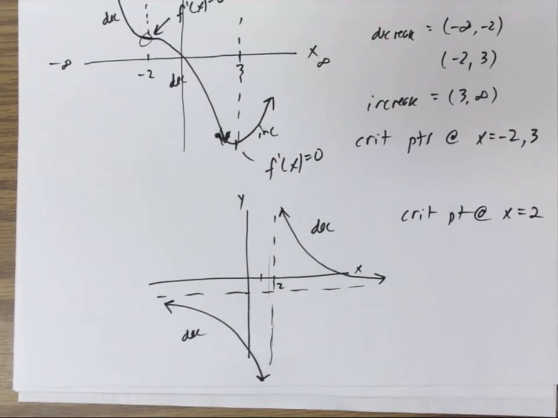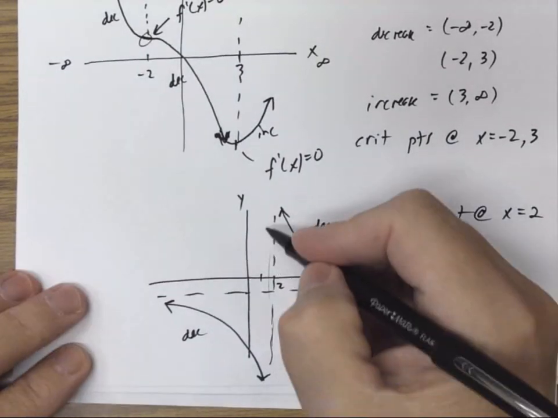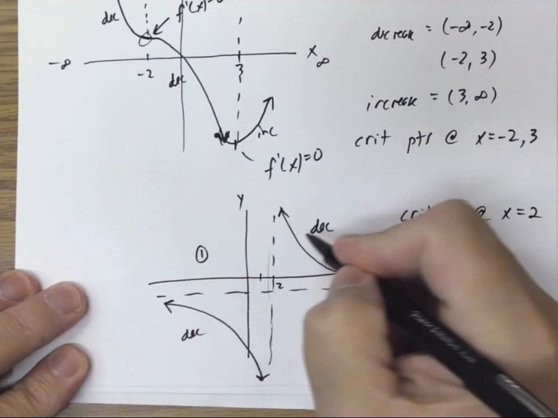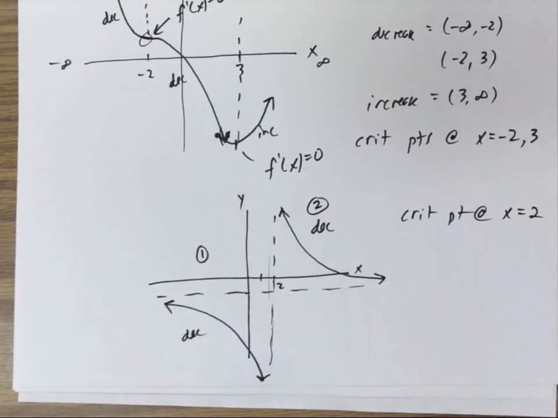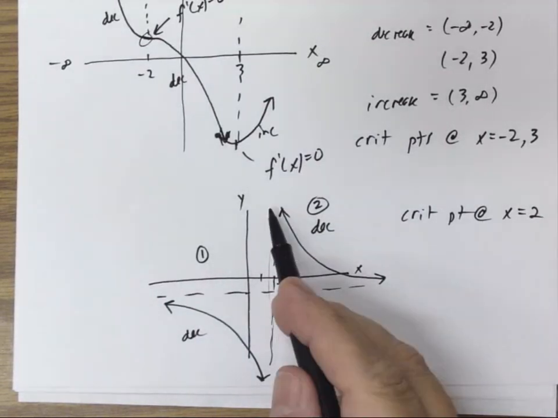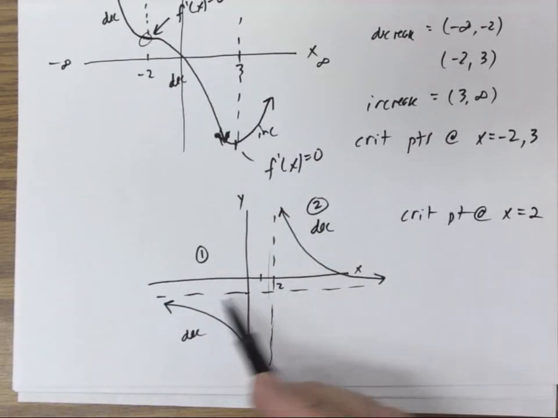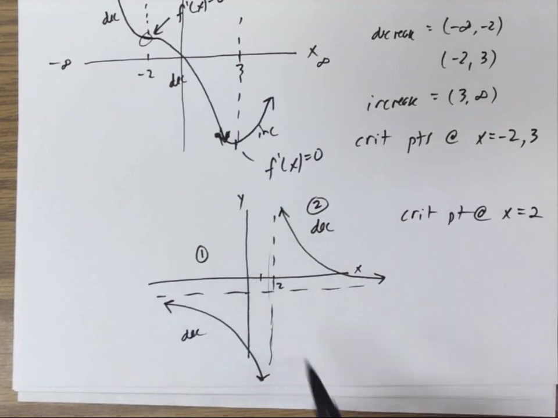Because the critical point is really the values of x that break the graph up into regions. And we have this break here. We consider these 2 different regions. I won't do anything more with this, but just touch on it: sometimes you've got these vertical asymptotes and there's breaks, and wherever these breaks are, that also breaks it up into regions.